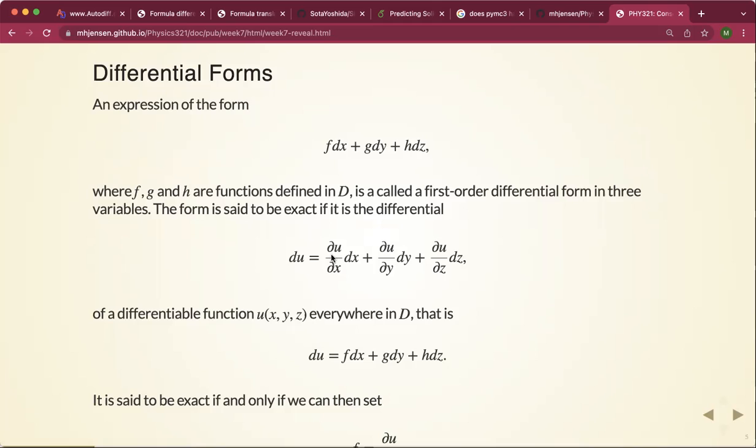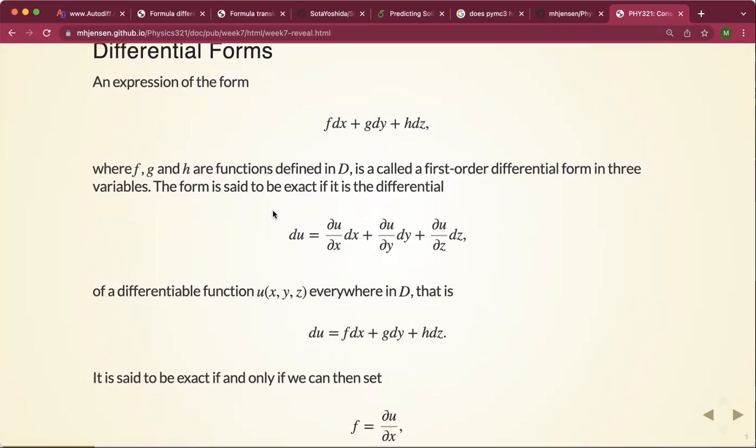It's not something I've cooked up. You could then have an expression where you have a function f multiplied with dx, and g and h with dy and dz, functions defined in this domain. This is normally called a first order differential form in 3 variables.